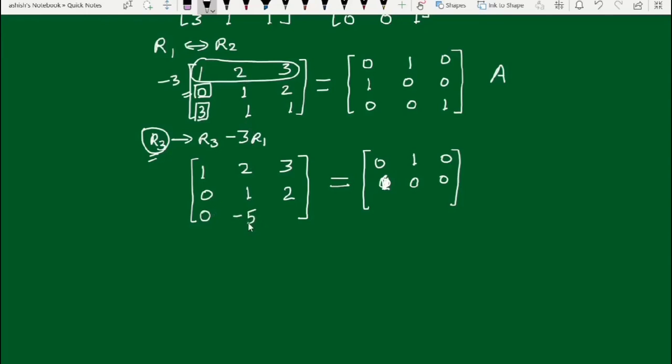Minus 6 plus 1, that is minus 5. 3 times 3 is 9, minus 9 plus 1 is minus 8. Same here, in this multiply by minus 3, we get 0, 0, minus 3 and 1.